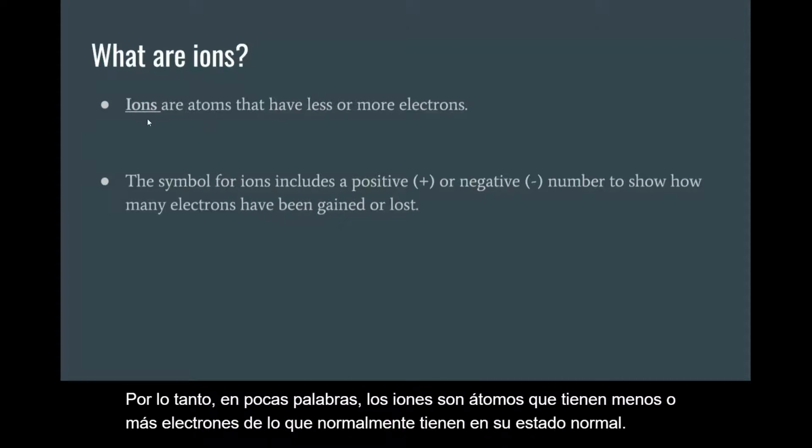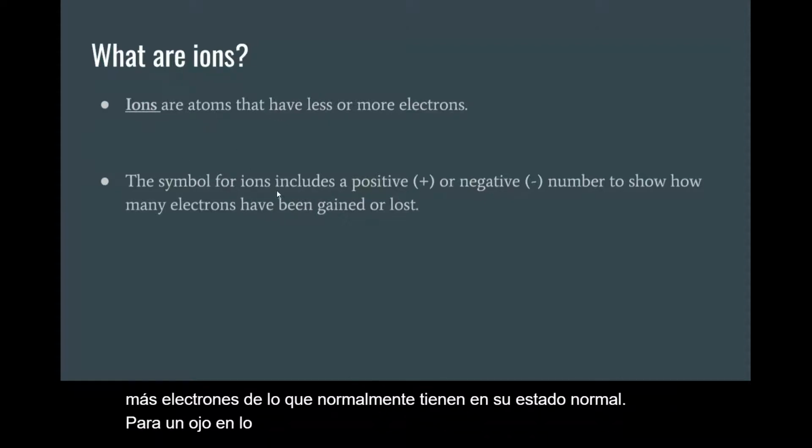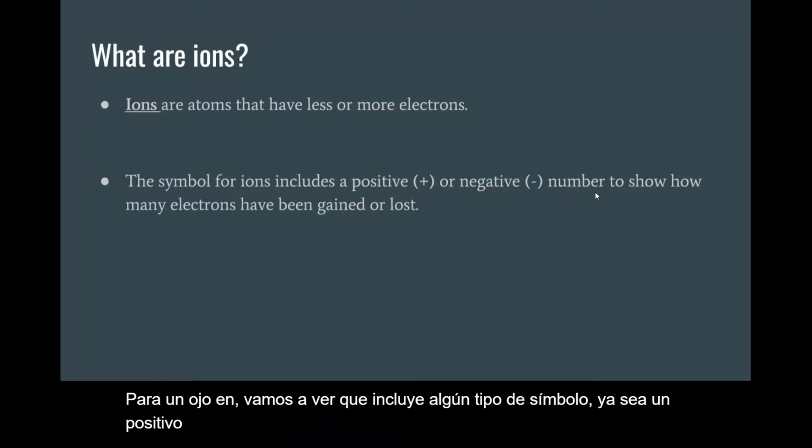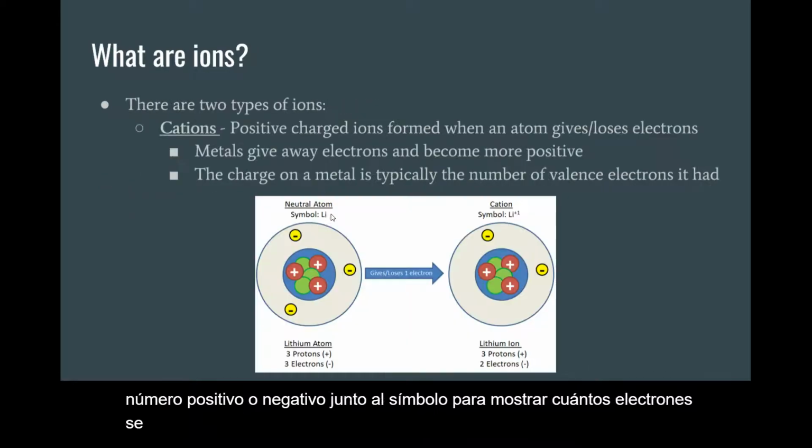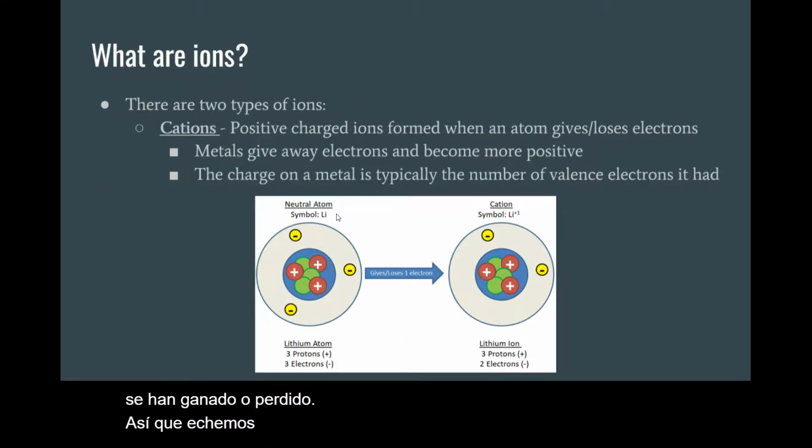For an ion, we're going to see that it includes some sort of symbol, either a positive or a negative number next to the symbol to show how many electrons have been gained or lost. So let's take a look at what this looks like. So there are two types of ions that can form.